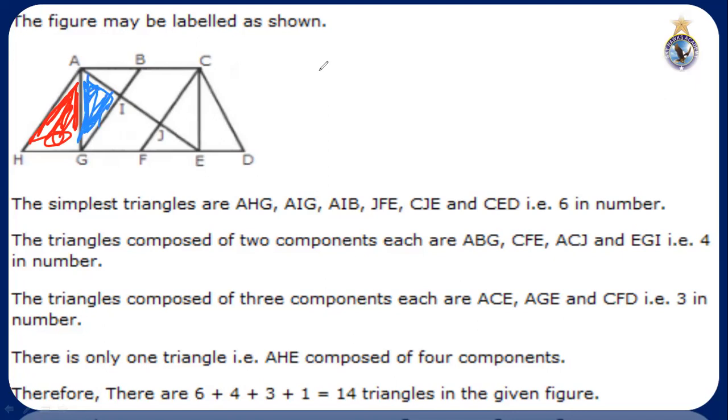Can you see where is AIB, with A and B? Yes, AIB is the top left corner. Yes. So till now we have 3 triangles. Now next is JFE. Where is JFE?